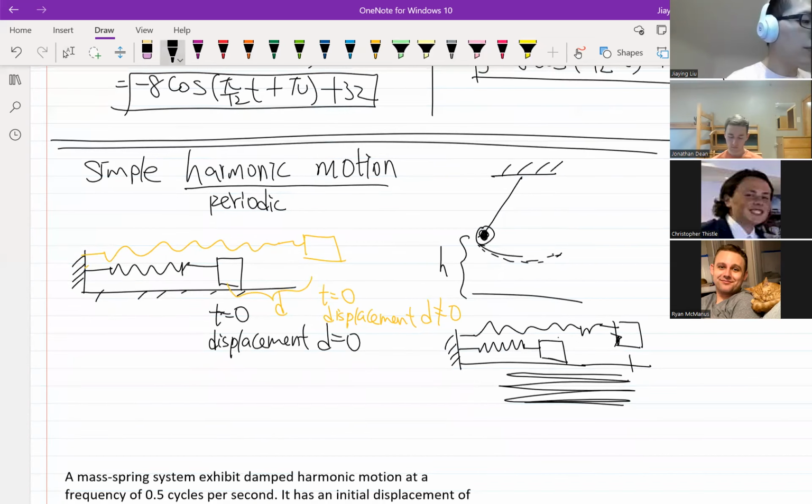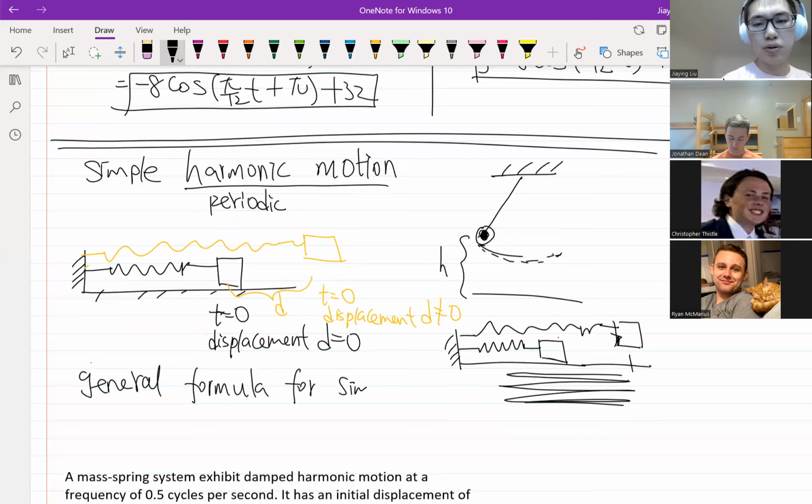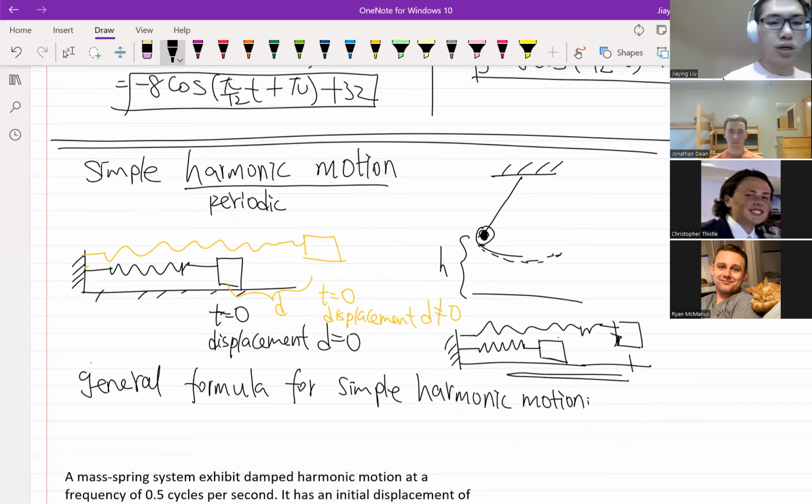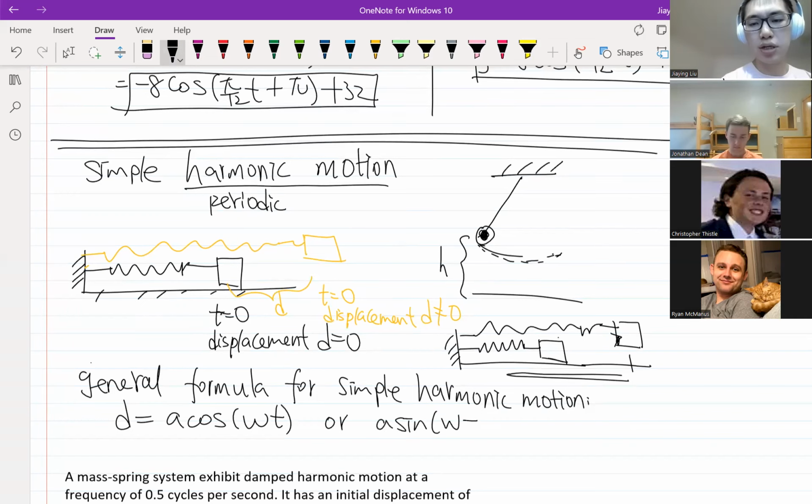And the general formula for simple harmonic motion: the displacement from the resting position is equal to a cosine omega t. It looks like a W, it's omega, but you can think of it as W, it doesn't matter. Or a sine omega t.